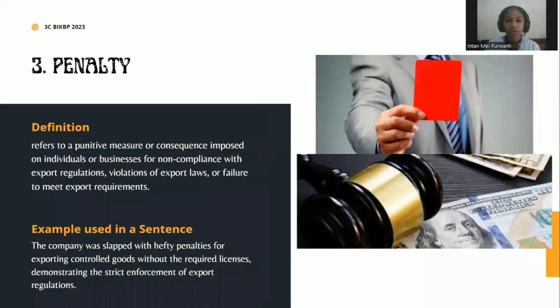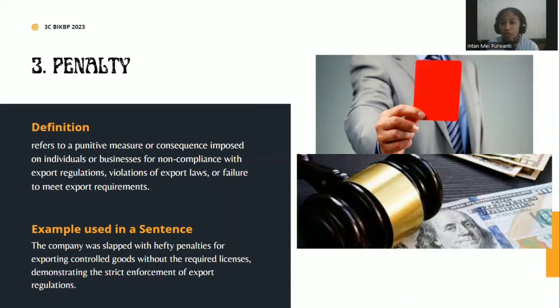The last term that I found is penalty. So what is a penalty? Penalty refers to punitive measures or consequences given to individuals or businesses for non-compliance with export regulations, violating export laws, or failing to meet export requirements.